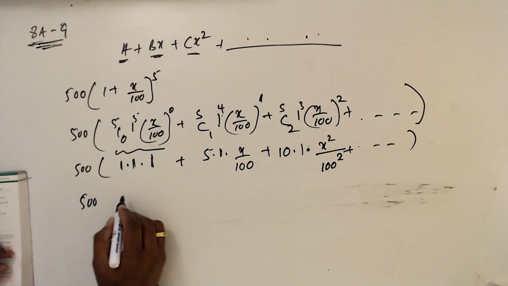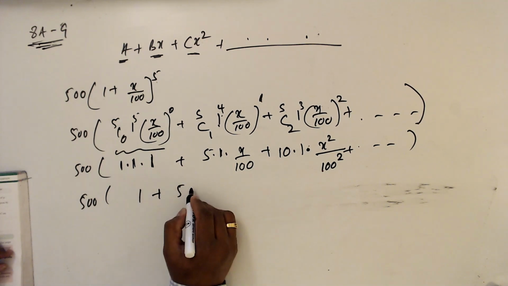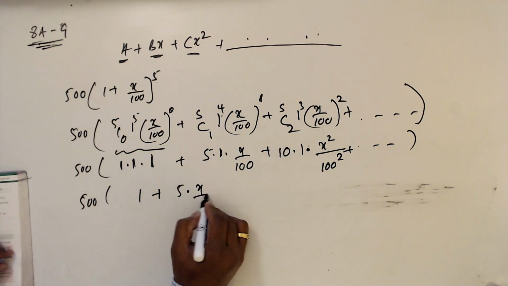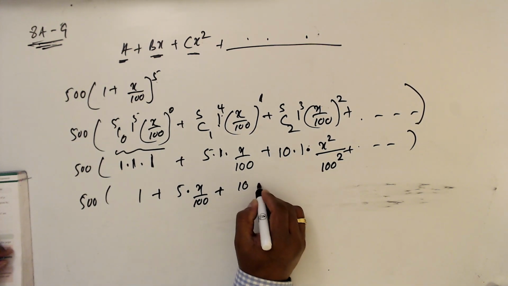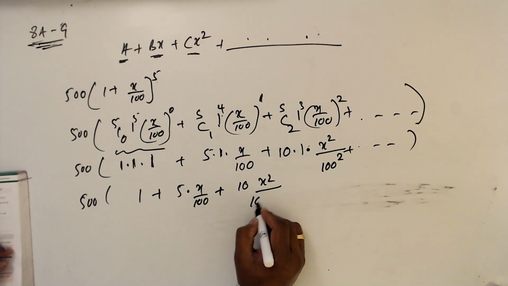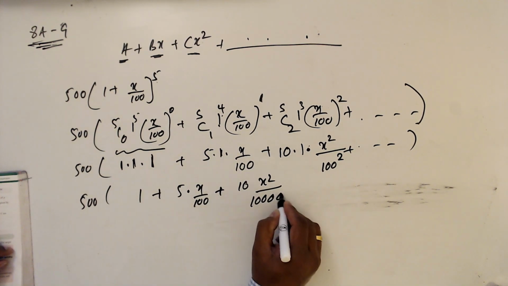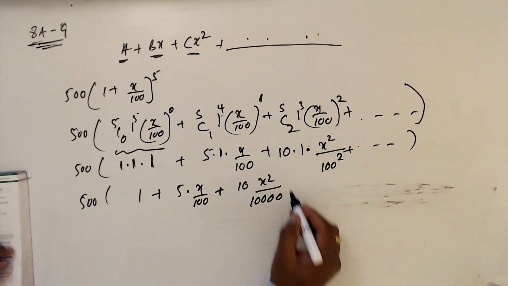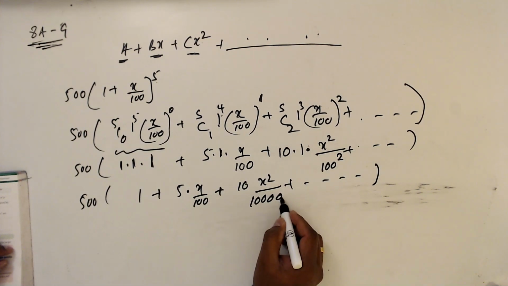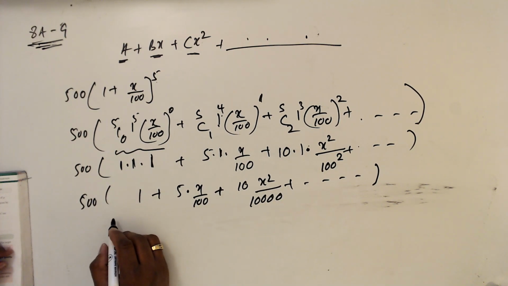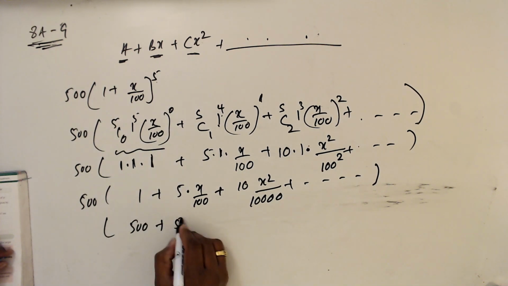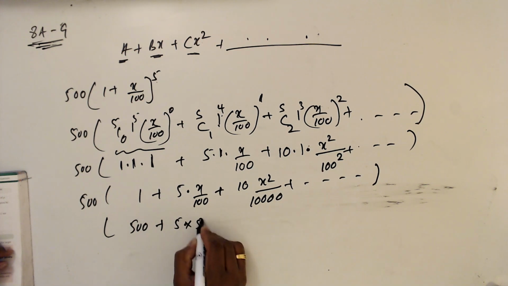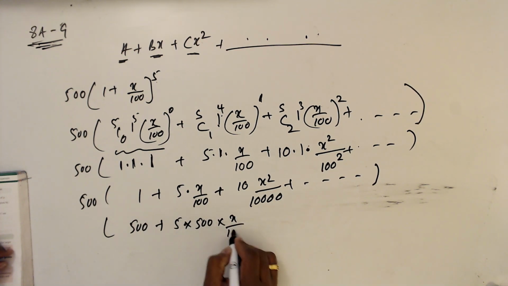So 500 times 1 plus 5 times x over 100 plus 10 times x square over 100 square, which means 10,000, plus dot dot dot. Now we'll multiply by 500. This is 500. Then 5 times 500 times x over 100.